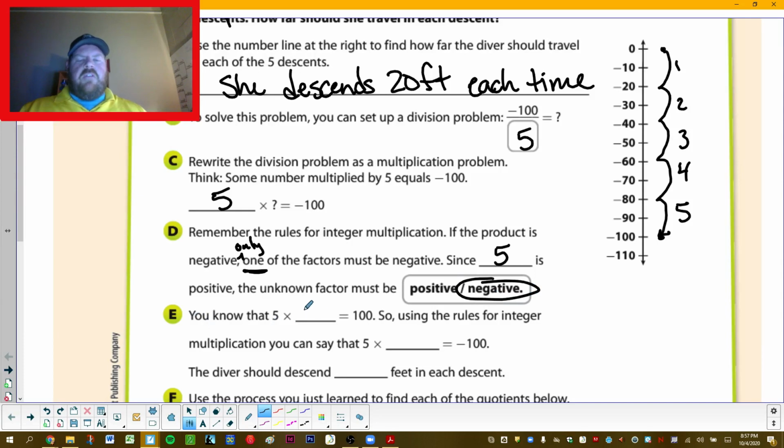And since 5 times 20 is positive 100, using the sign rules, 5 times negative 20 would be negative 100. The diver should descend 20 feet in each descent.